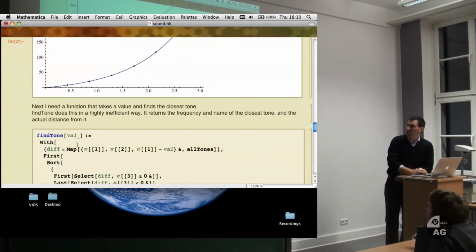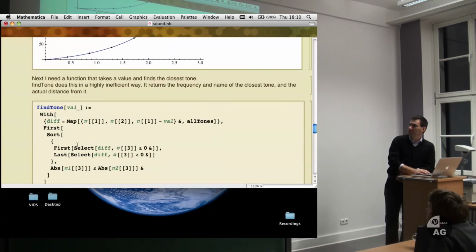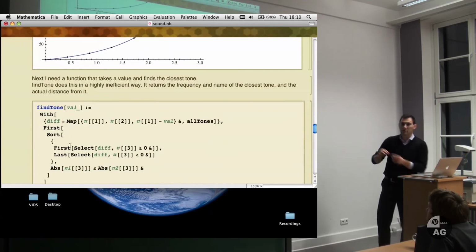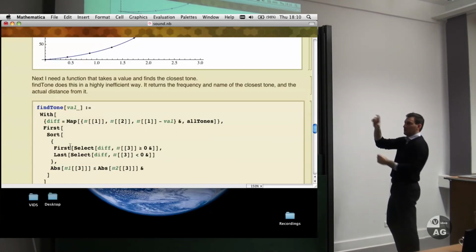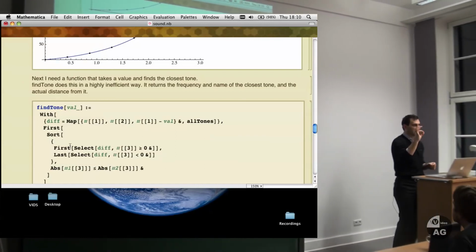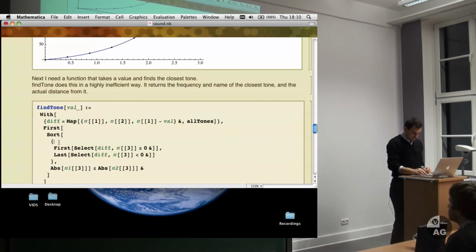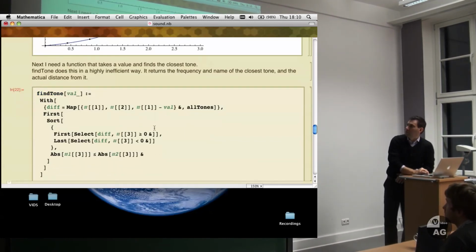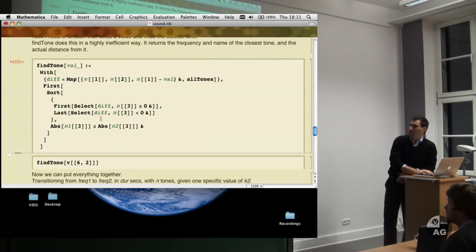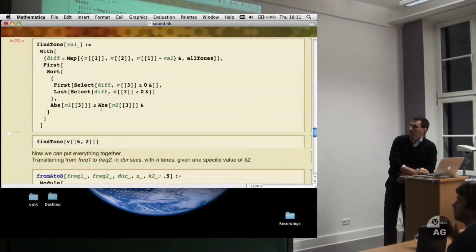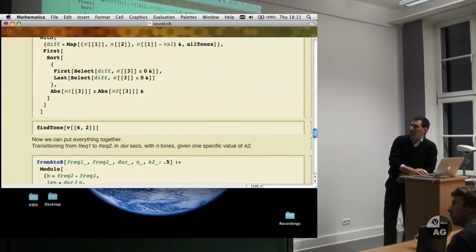And that's what we do here. We have a find tone. Basically what I do, I find the closest tone above and below the frequency, then I measure the distance and I pick the one that is closest. That's what I'm doing here. See some mapping, some selecting as an example.